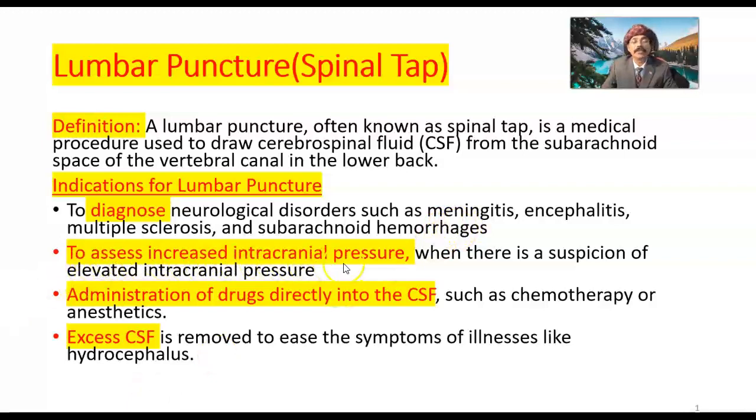To assess increased intracranial pressure when there is suspicion of elevated intracranial pressure, but extremely increased intracranial pressure is also a contraindication. Administration of drug directly into the CSF, it may be an anti-cancer drug, an antibiotic, or an anesthetic. Excess CSF is removed to ease the symptoms of illness like hydrocephalus.